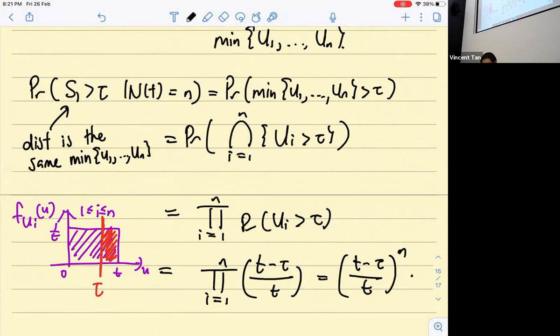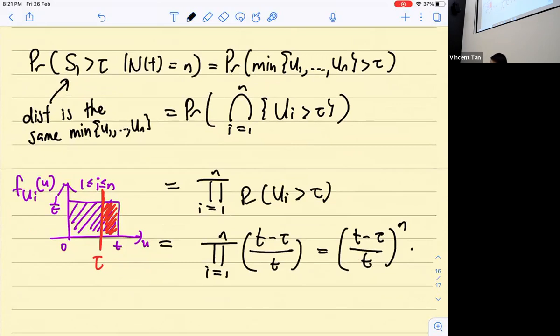We love IID random variables because they have beautiful properties, like you can decouple them into a product. That's why I don't like the S_n's. In general, they'll be Erlang conditioned on this headache. That's why we need to resort to order statistics. Then this becomes beautiful, because minimum bigger than tau means everybody is bigger than tau, and everybody is independent, so we can evaluate each one of these.